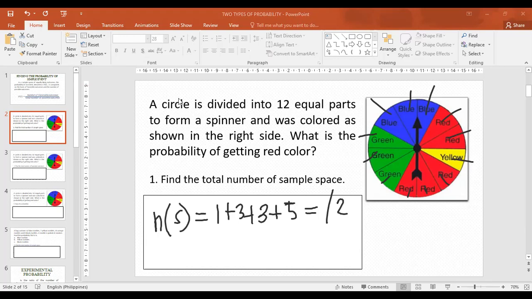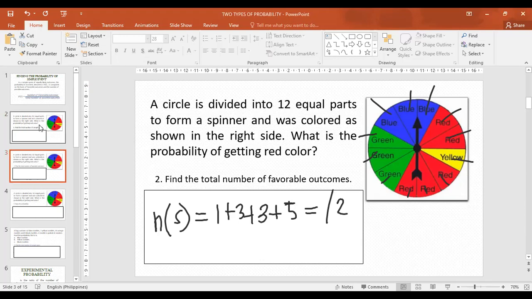Okay? Next is to get the total number of favorable outcomes. When we say favorable outcomes, ito yung the probability of getting red color. Getting red color. So, ibig sabihin, hahanapin natin or bibilangin natin kung ilan yung red dito. So, we have 1, 2, 3, 4, 5.